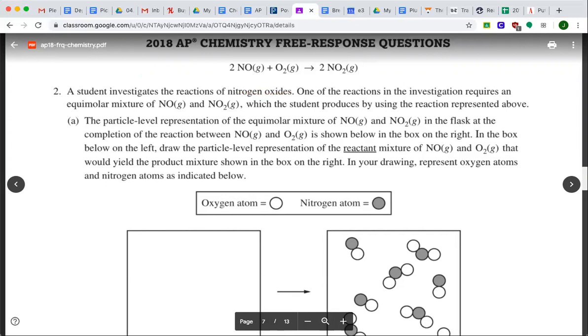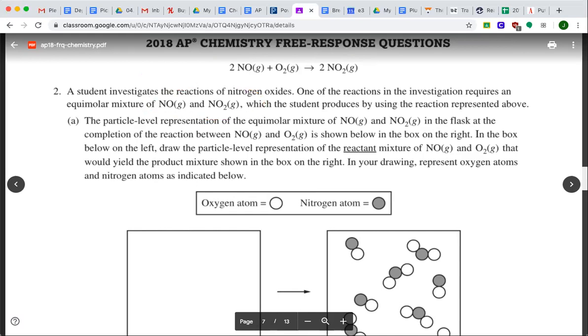Which the student produces by using the reaction represented above. So I see, the student is using this reaction to produce this, so that the student can later do this.